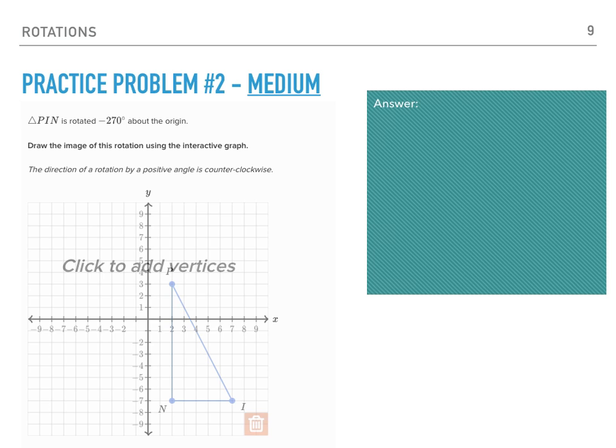But this question is showing a triangle PIN, and they want it to be rotated negative 270 degrees, which, wait, hold on, what is that? Negative 270 degrees? No, that's just saying 270 degrees counterclockwise around the origin.